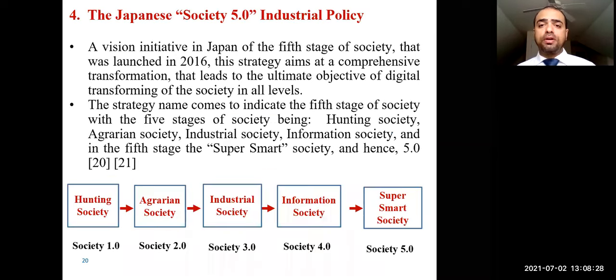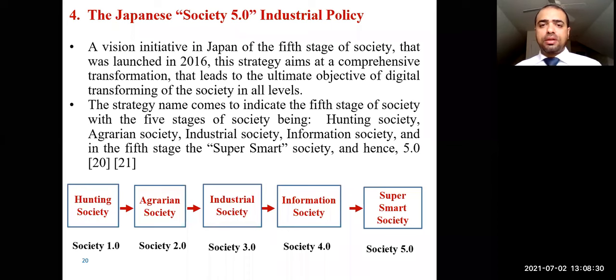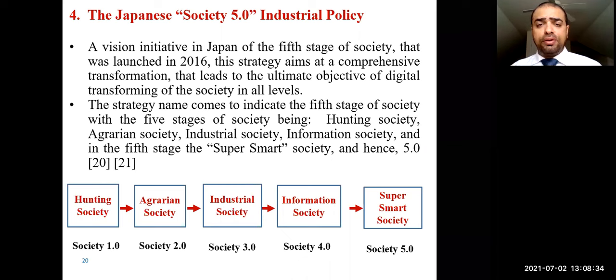Also, the Japanese Society 5.0. It's an industrial policy with a very interesting name, Society 5.0. So let's look at the five societies in human history. The first, Society 1.0, is the hunting society. Then the agricultural society 2.0.